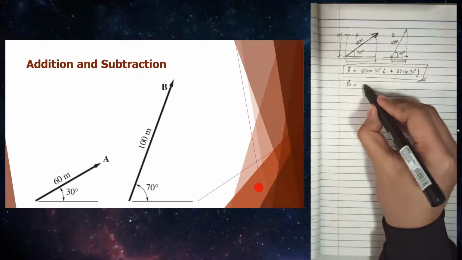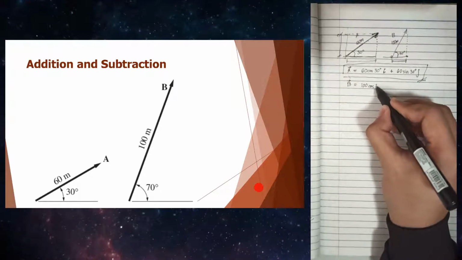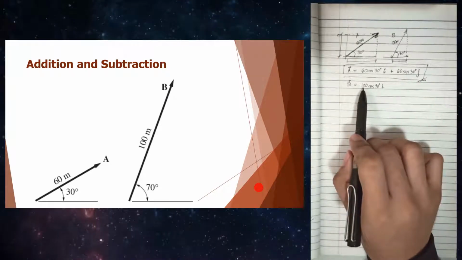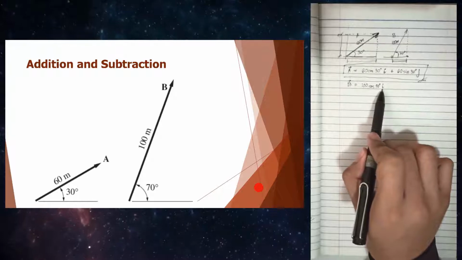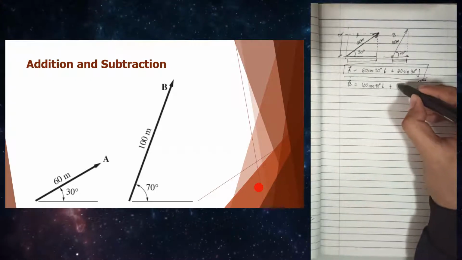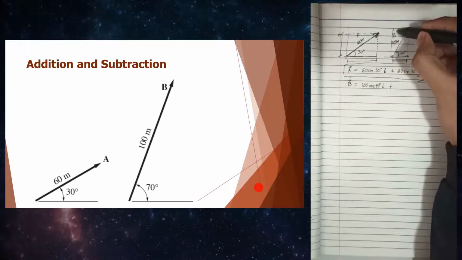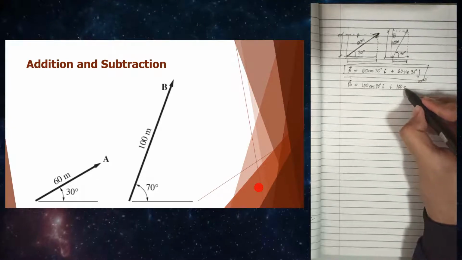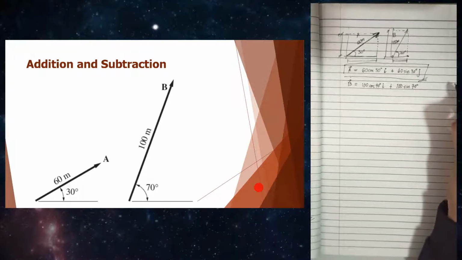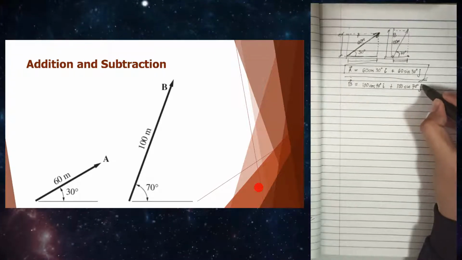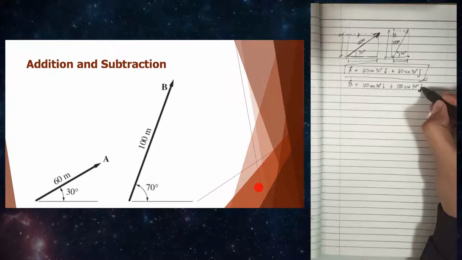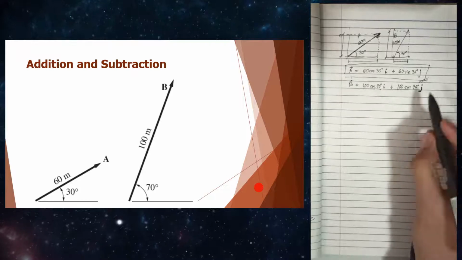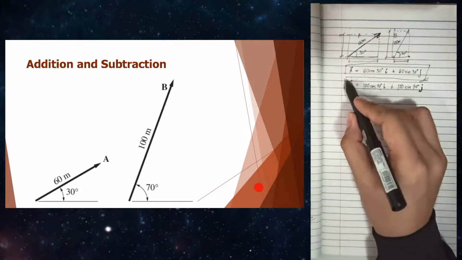Ibig sabihin nun, 100 cosine 70 degrees I, kailangan mag-travel ng 100 cosine 70 degrees towards the direction of I, plus, para makompleto natin, pataas, 100 sine 70 degrees, which is equal sa J. Nakuha natin basically itong mga to gamit ang SOHCAHTOA or yung trigonometric functions.